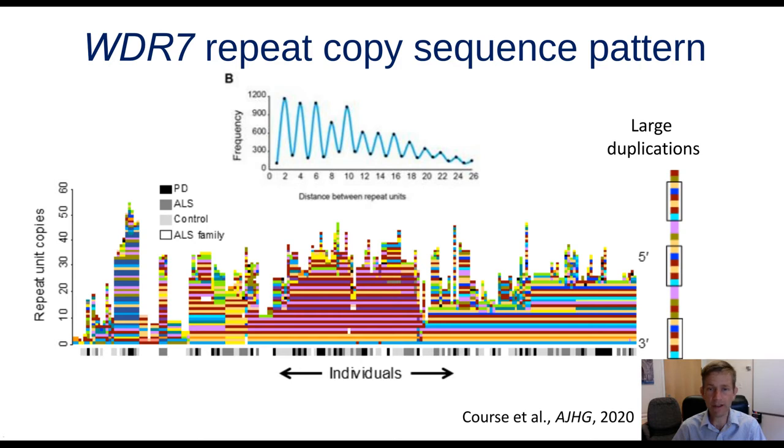We could see large duplication events in some of the cases. You can see this group of about 6 repeat units that were copied several times in the same individual. And we can also see that, again, speaking to the 3' to 5' directionality of the repeat, whenever we saw a new repeat unit, one that wasn't part of that original 16, we would color these in black, and these would appear right at the 5' end of the repeat.